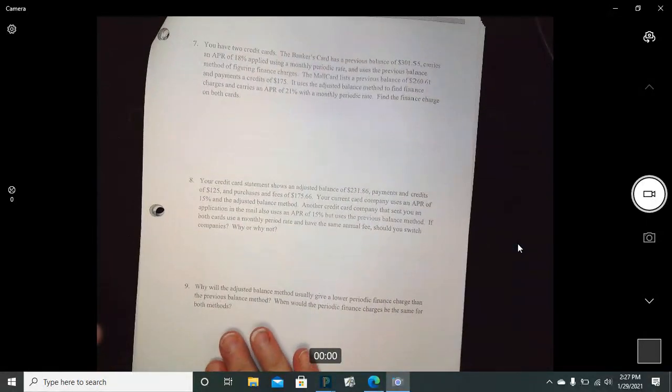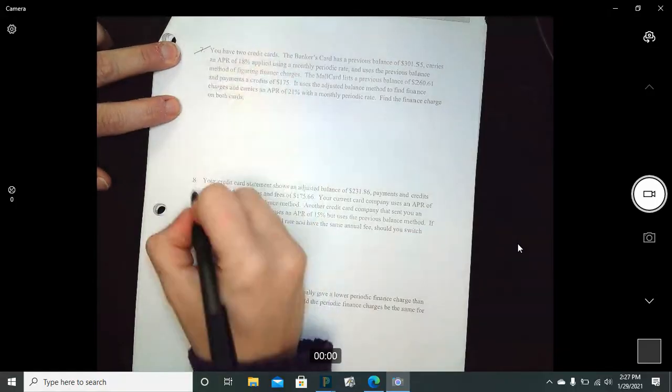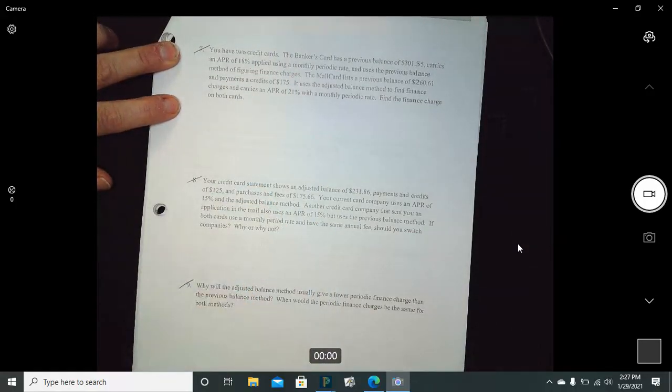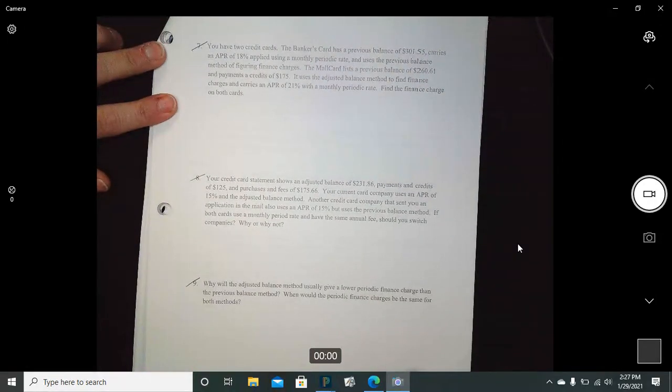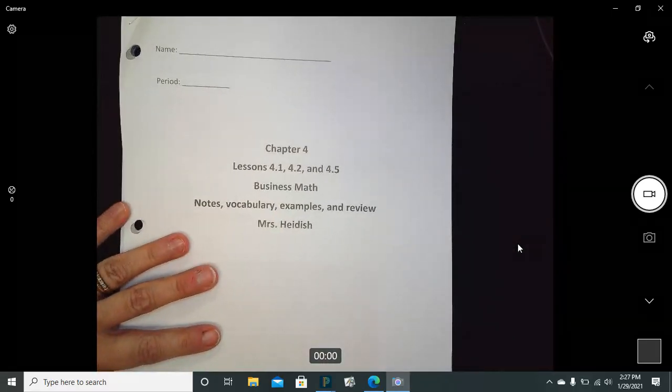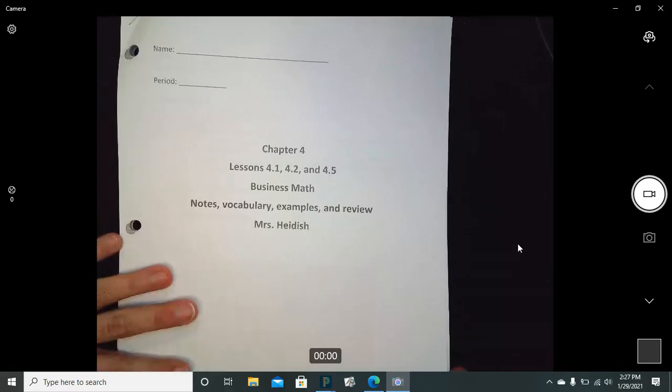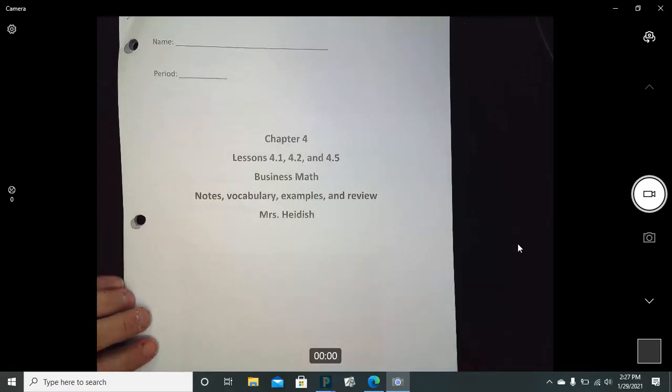And on the next page, you can skip 7, 8, and 9. So that would be section 4.2. Those would be your problems for the vocab, the formulas, everything you need to know for section 4.2. And then you also have your homework pages to be working on for those.